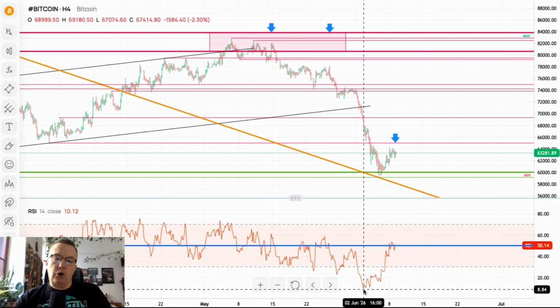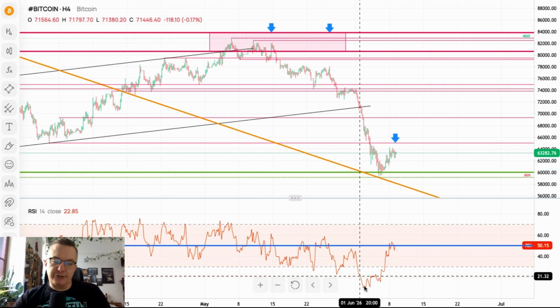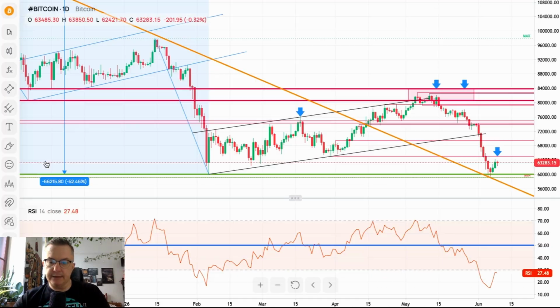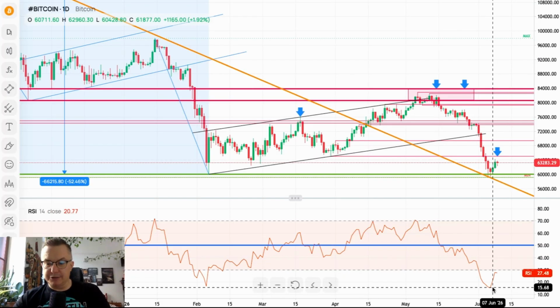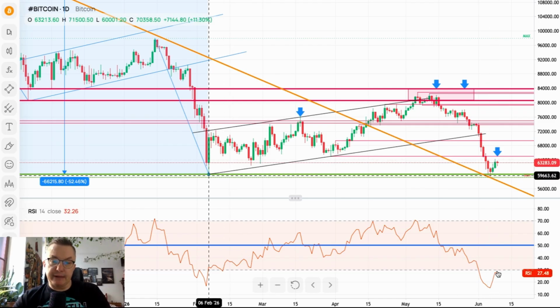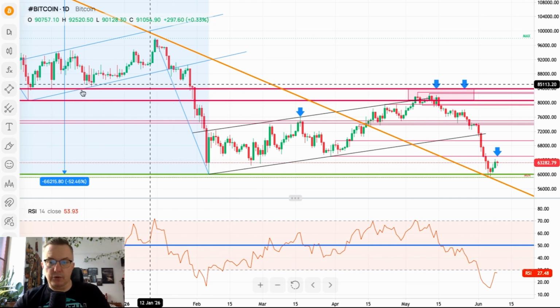We recovered in the short term from the extremely oversold conditions. How does this look on the daily? We are trying to recover. We are still not even above the level of 30. So this is the battle of 60,000.